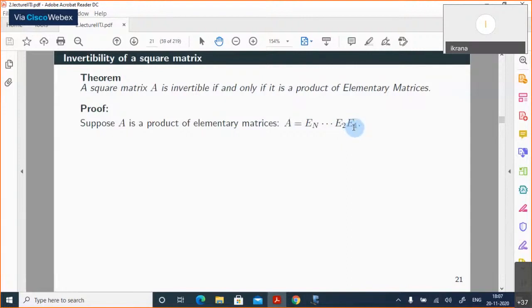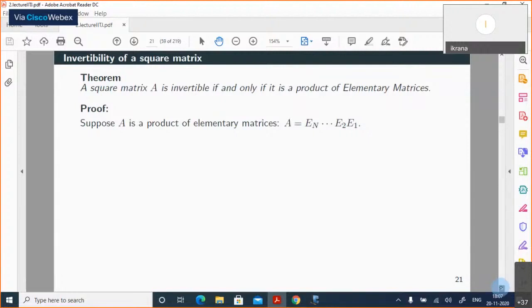Product of invertible matrices is invertible: E1 invertible, E2 invertible, En invertible, so the product is invertible. So if A is a product of elementary matrices, then A is invertible, one way.